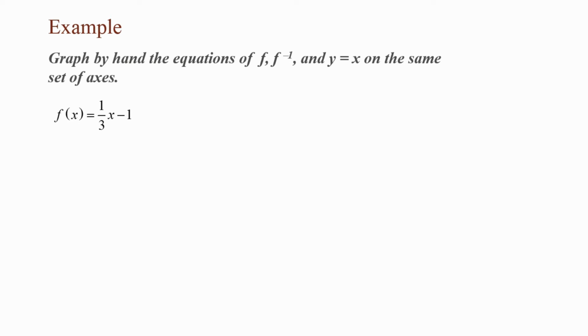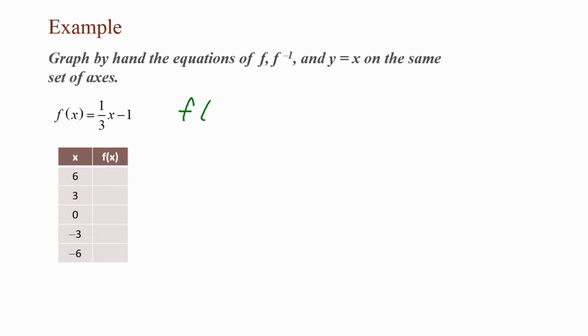In this example, graph by hand the equations of f, f inverse, and y equals x on the same set of axes. Our function f of x equals 1/3 x minus 1. Filling in our xy table, if we let x equal 6, 3, 0, -3, and -6, this will give us enough points to graph our function.